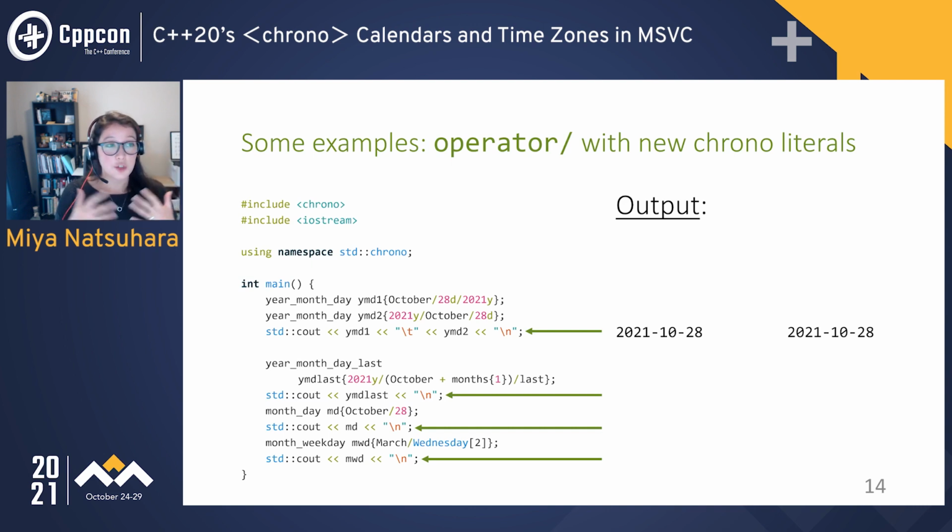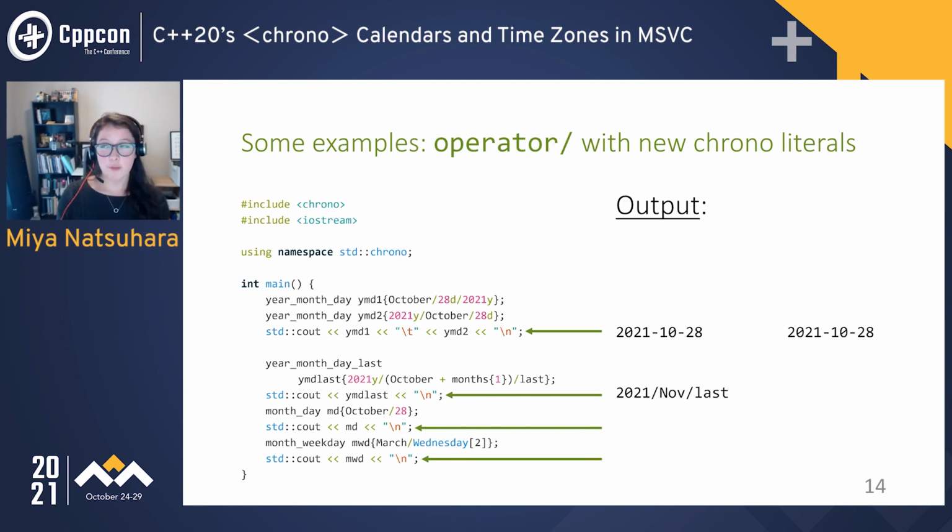If you want to use this operator slash syntax and you're trying to indicate the last of something, you can just throw in last here and it will do the right thing. It'll be that specific type that tells chrono that we're working with a month_day_last, or a year_month_day_last, etc. So if I print this out, I'll get 2021, November, and last. Something interesting here is that last, literally last, is what's printed out.